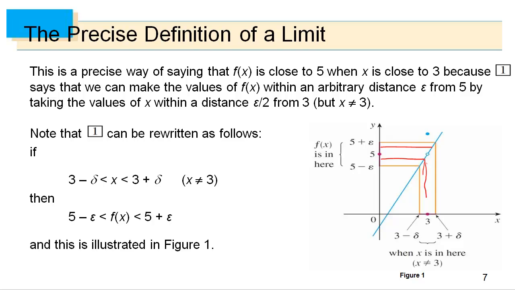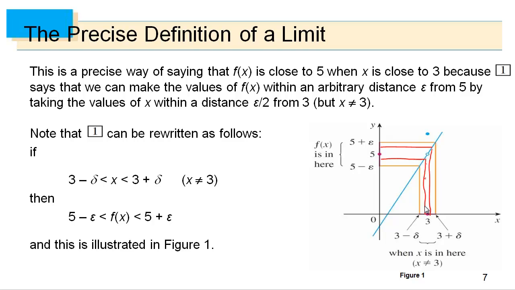Boy, I just cannot draw. All right, let's try this again. You can see that if we shorten our neighborhood just around 5, it makes the neighborhood around 3 smaller.